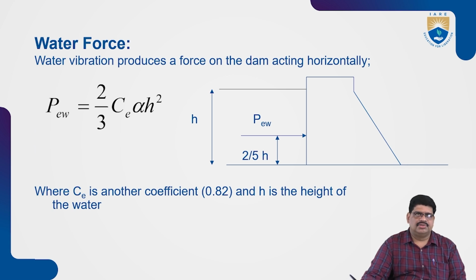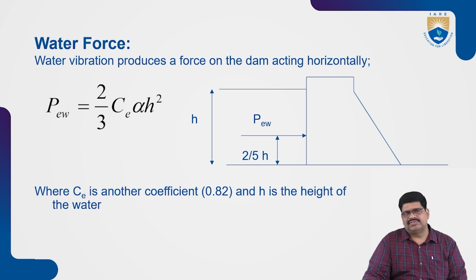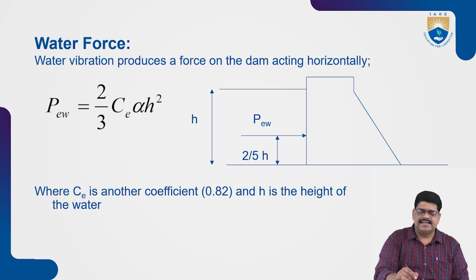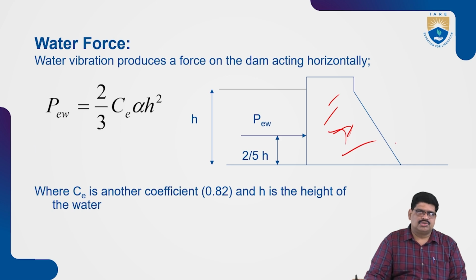So PEW is equal to 2 by 3 Ce into alpha H square. By using this formula, the force due to the vibration of the water will be generated inside the dam. PEW is equal to 2 by 3 into H, where the coefficient is 0.82 and H is the height of the water.